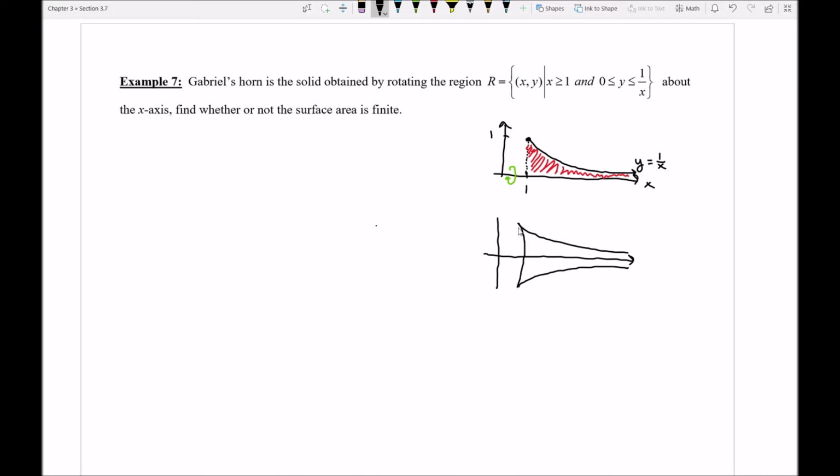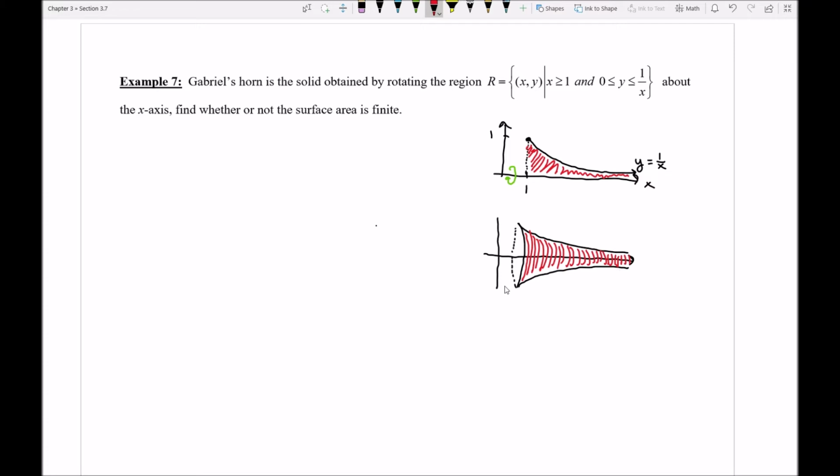So I'm going to connect this, dashed line going back into the page, and I'm painting the outside because I'm interested in the surface area. So I have all of this. You might be able to see why this is referred to as Gabriel's horn, because it almost kind of looks like one of those medieval trumpets or something like that, right? So I'm curious about what this surface area is.